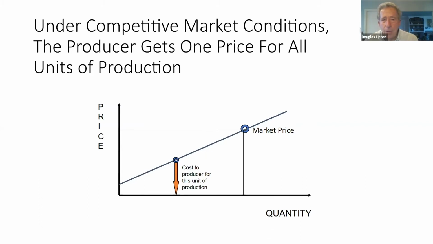At the market price, it costs exactly the amount that, if it's 50 cents an oyster or whatever you're measuring it, if it costs 50 cents and you get 50 cents, that's where the market equilibrium is. But because of that upward sloping supply curve, the cost of producing a smaller amount is less. And you don't get less for that oyster that you produced at a lower volume; you get the same price. So for that amount of production, you're getting a surplus in terms of your payment, the difference between the market price and the cost.